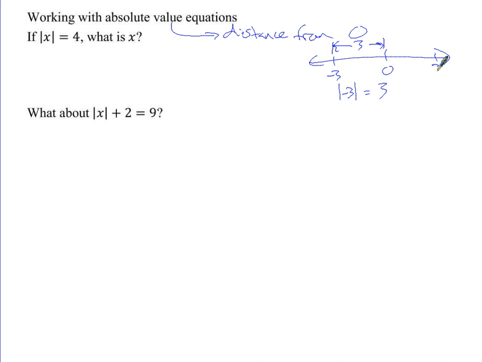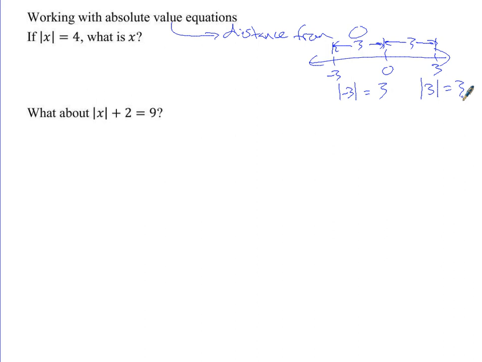What about if I had +3? How far away from 0 is +3? It's also 3. So the absolute value of +3 is 3. The absolute value of something is its distance from 0. Got to keep that in mind in this section.